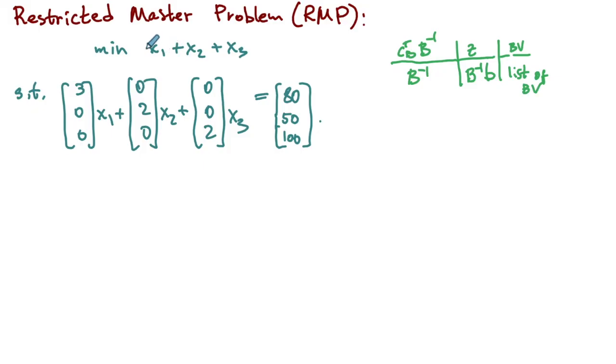So first of all, note that the vector of the coefficients for the variables in the objective is given by all ones. Then the matrix B inverse for this diagonal matrix is trivial to determine. So we have B inverse given by 1/3, 0, 0, then 0, 1/2, 0, and 0, 0, 1/2.